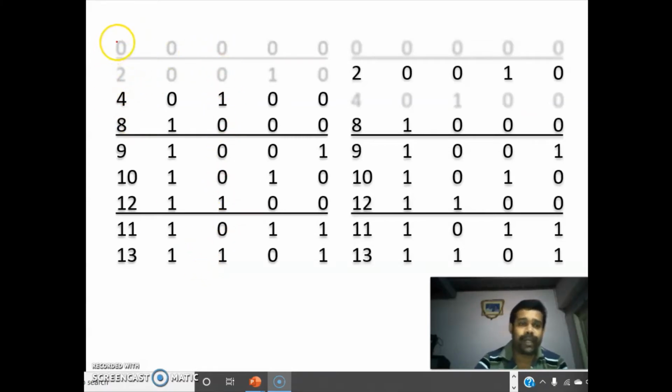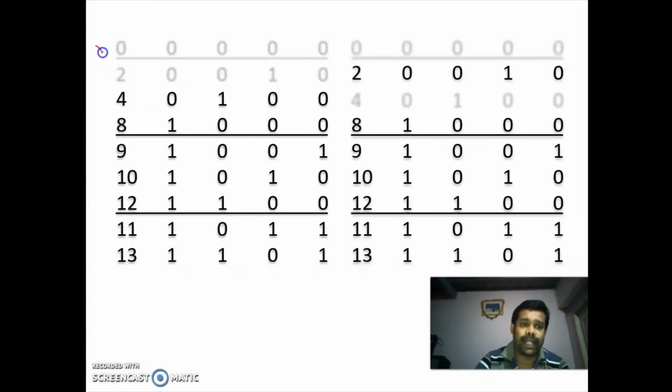Now what you have to do is compare the number above the line with the number below the line, and you have to consider it only if they are differing by one bit.